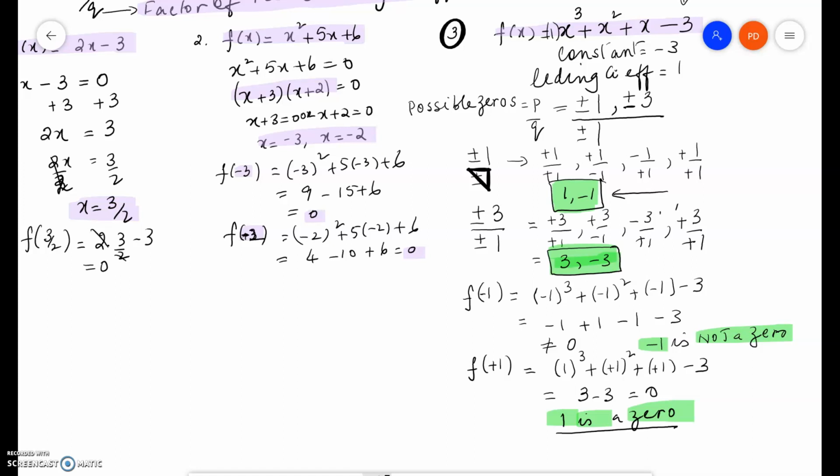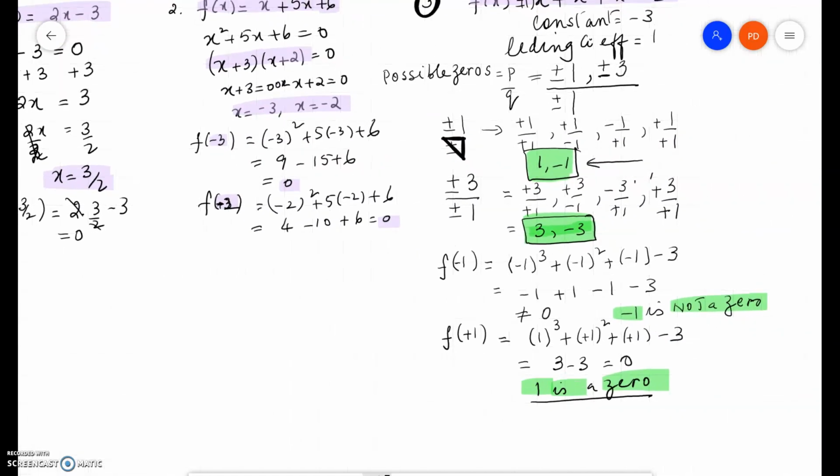Now another way to check if any one of these is a 0 is by using your graphing calculator. Graph the function f and then look for the x-intercepts.